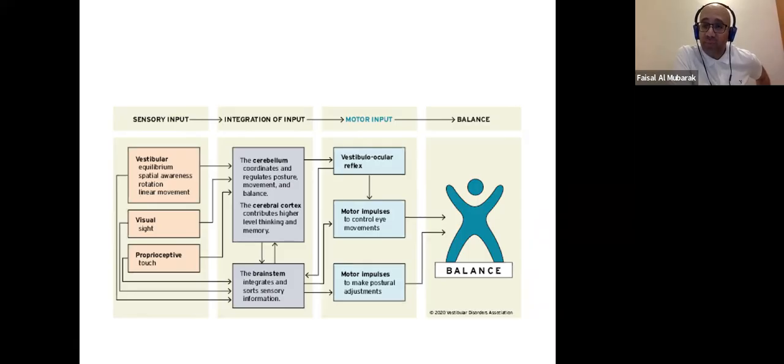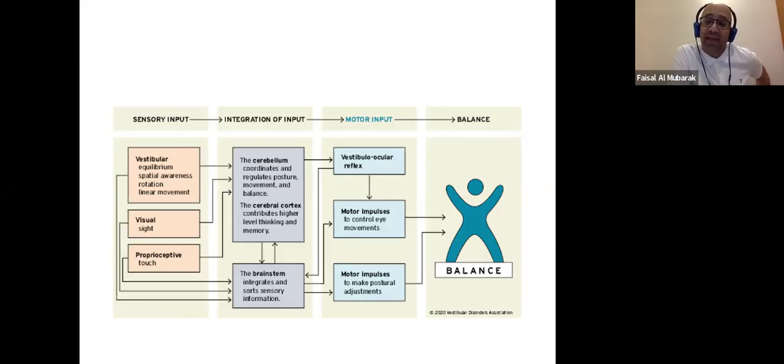When it's in the brain, it's been integrated with other information to come out as an output. Now, when we're talking about motor outputs, we have different kinds of outputs, but we will be focusing on two outputs. The first output is what we call the VOR, which is the vestibulo-ocular reflex.